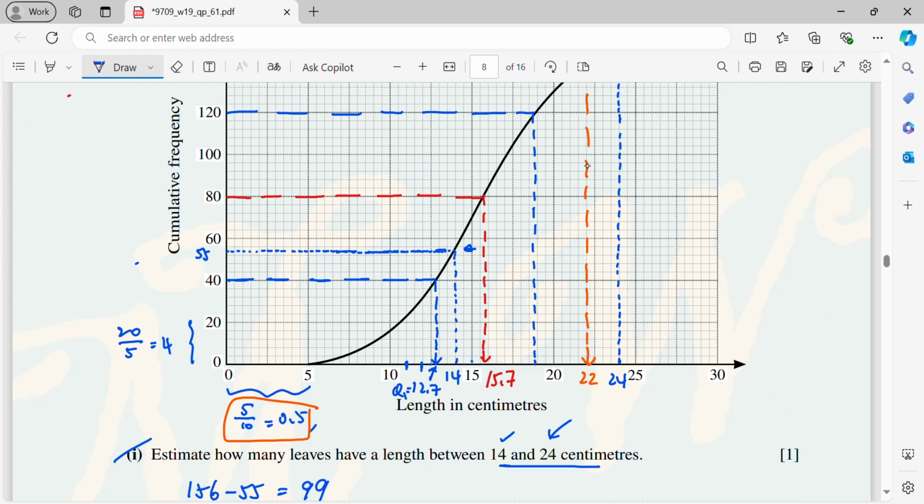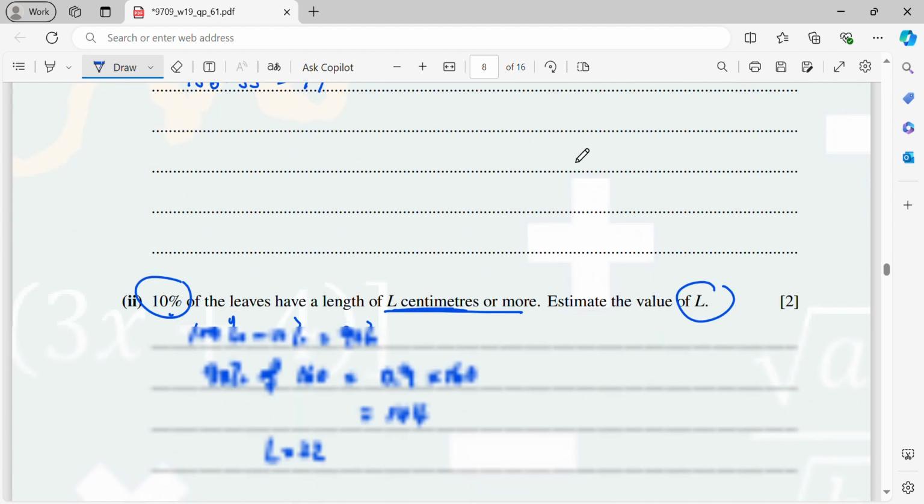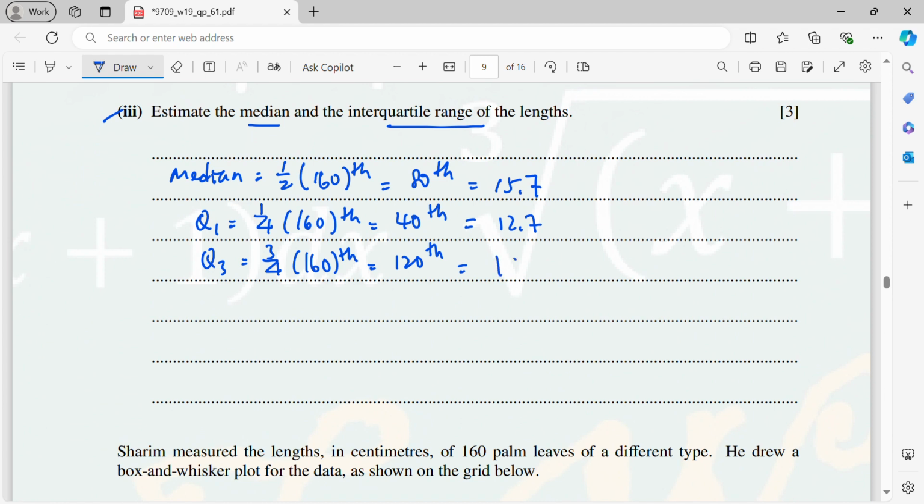That means here is 19, right? So probably this is 18.7. This is Q3. So I will write Q3 is 18.7. Therefore, your interquartile range, IQR, equals Q3 minus Q1. That is 18.7 minus 12.7. Here I get 6.